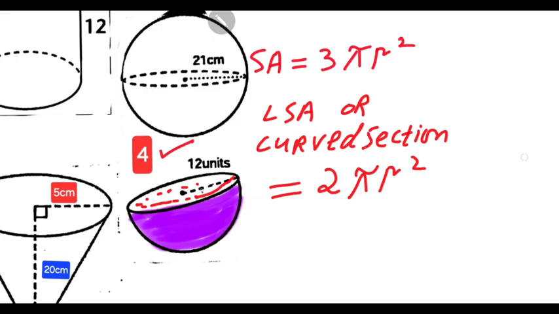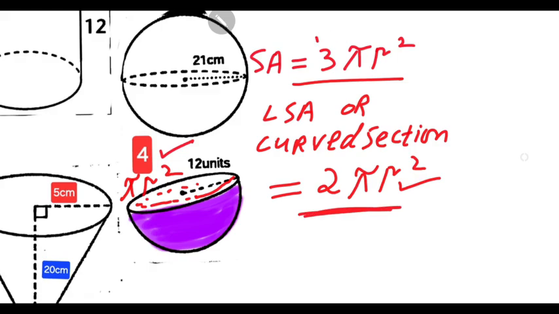Always this is gonna be a pi r square, because this is the area of the circle. So the pi r square plus 2 pi r square, and total if you add become 3 pi r square. That's why surface area is 3 pi r square, and the lateral surface area is 2 pi r square. So this one we need in combined shape.